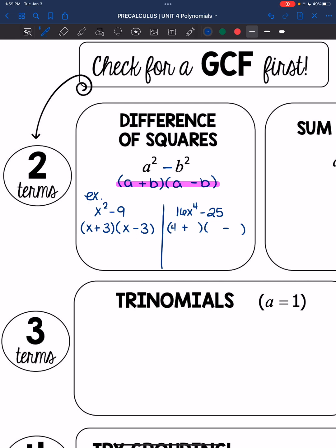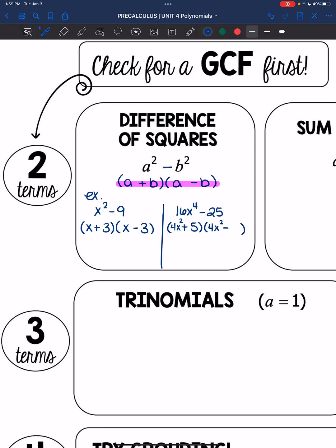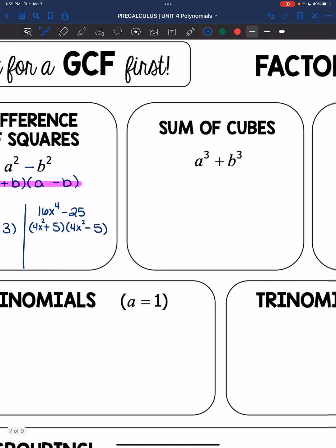It is 4. And what is the square root of x to the fourth? It is x squared. And last of all, what is the square root of 25? It is 5. And there we have it. Those are two examples of factoring a special kind of polynomial called a difference of squares.